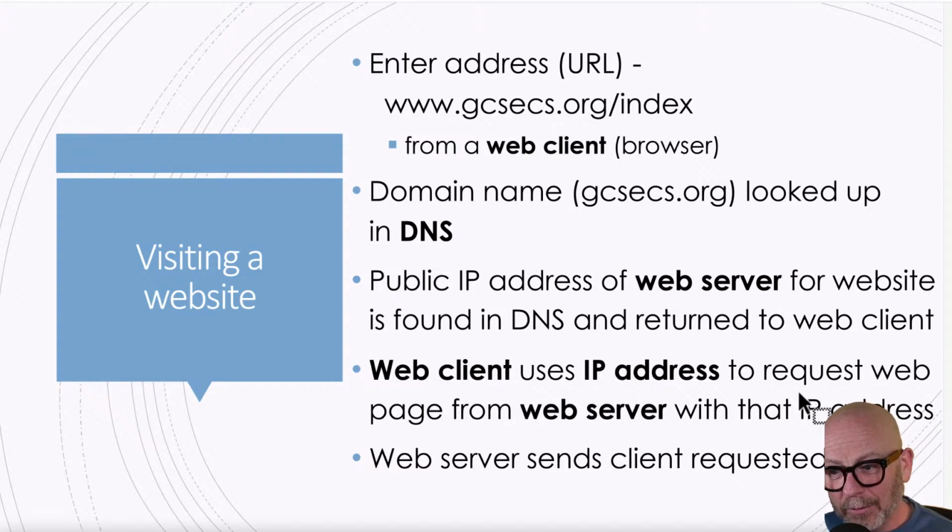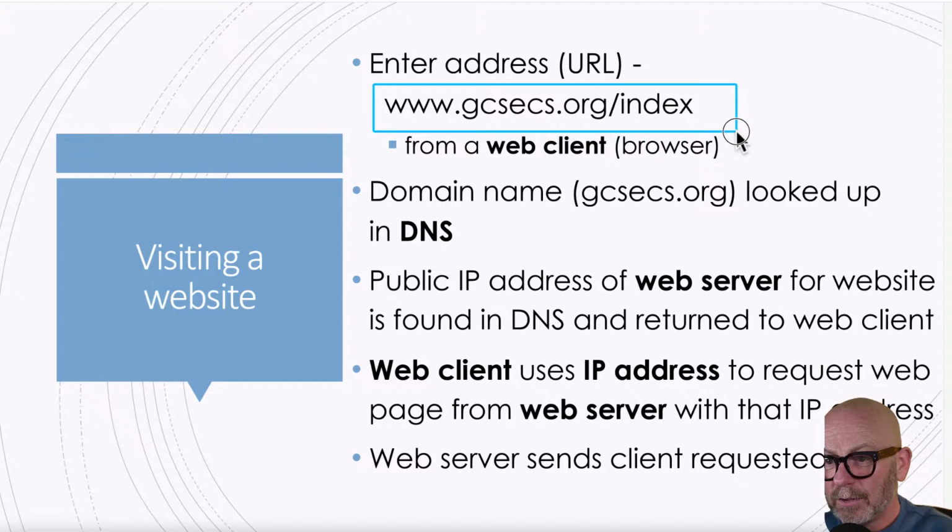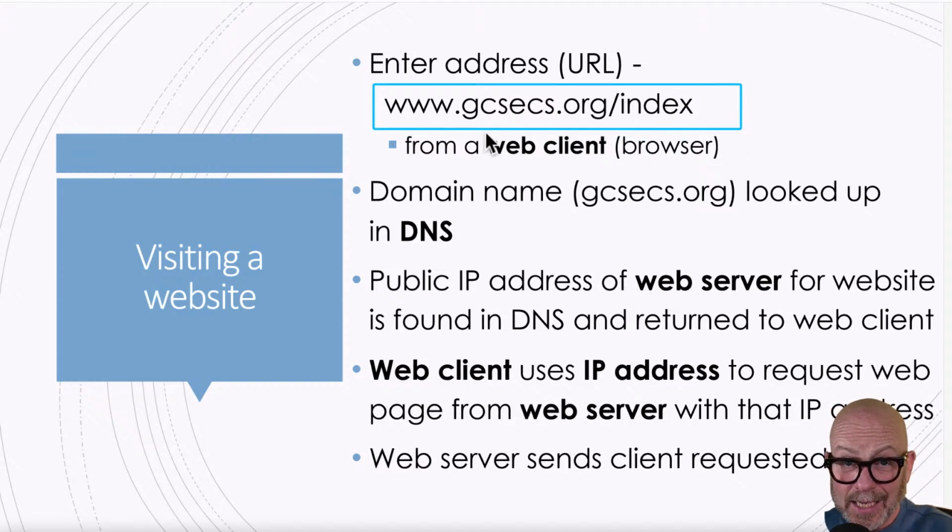When you visit a website, this is how it works. You enter the URL, for example gcse.org/index, from a web client, i.e. a browser like Safari, Edge, Chrome, Firefox, Opera, whatever you're using.